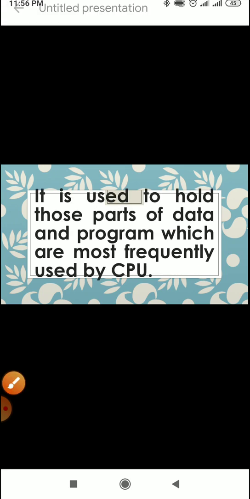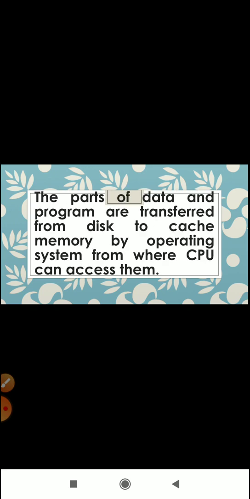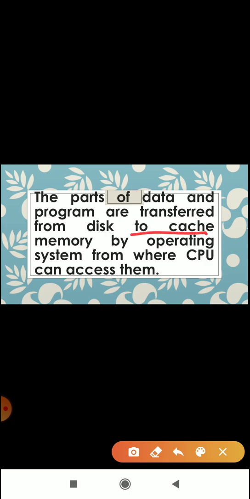It is used to hold those parts of data and program which are most frequently used by the CPU. The parts of data and program are transferred from disk to cache memory by the operating system, from where the CPU can access them.